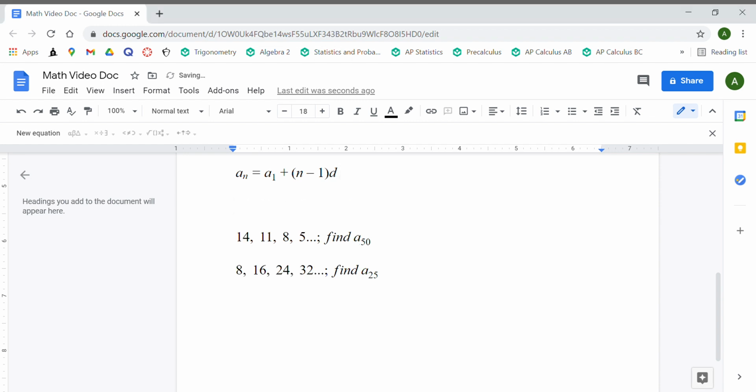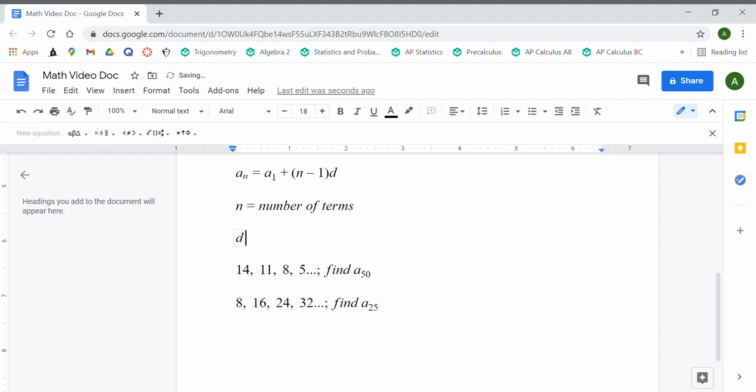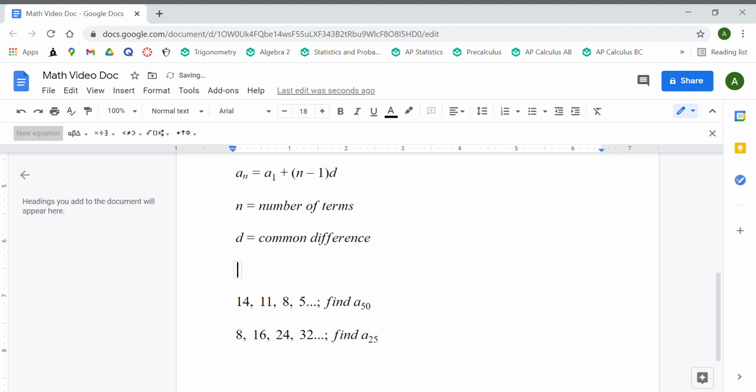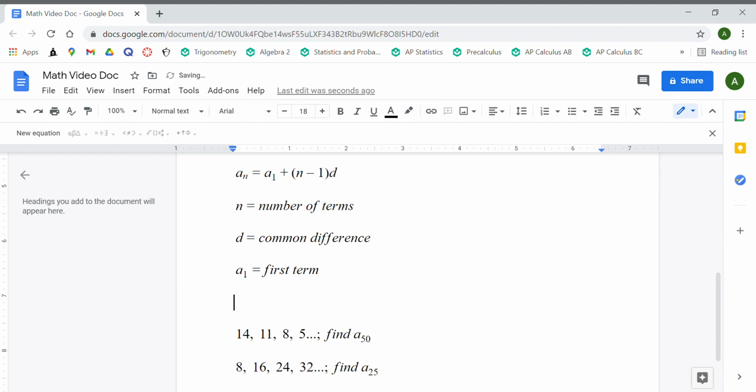What we mean by n is the number of the term. d is your common difference. a sub 1 is your first term. And then a sub n equals the nth term that you're being asked to find.